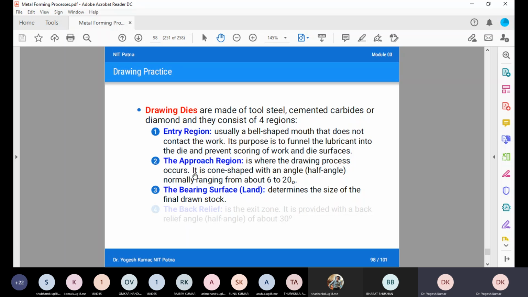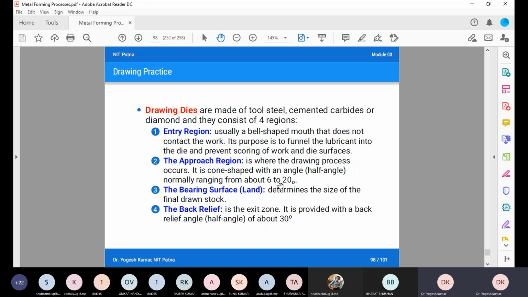Under the approach region, it is a cone shape with a half angle normally ranging from 6 to 20 degrees. This degree has been mistyped; this is 6 to 20 degrees. Then we have the third important region, called the bearing surface or land.